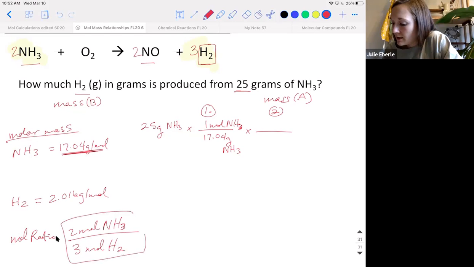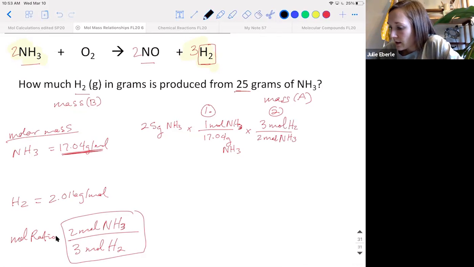So now I'm going to plug this in, and I want to cancel moles of NH3. I want to convert to moles of hydrogen so that after I do this, I can go from moles of hydrogen to grams of hydrogen, which is what the question's asking for. So I'm actually going to flip my mole ratio and put 2 moles of NH3 on the bottom for every 3 moles of hydrogen on the top.